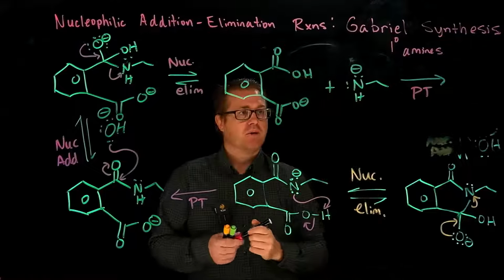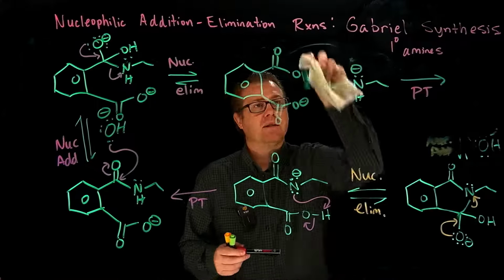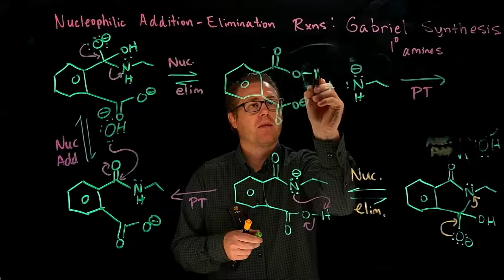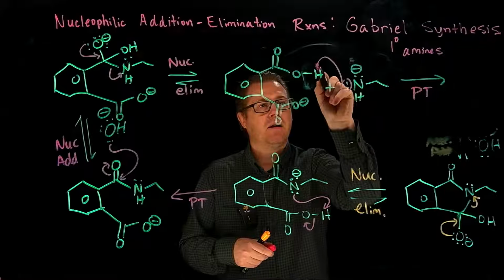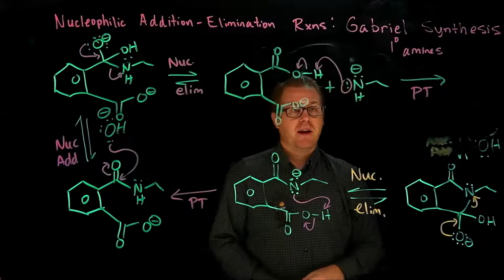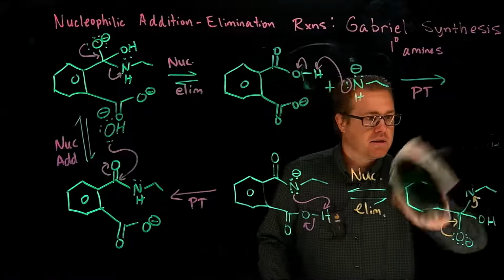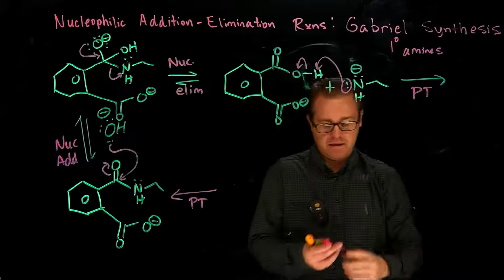We're going to do another proton transfer. So if we expand out that hydrogen there, like that, you can see that we can take a lone pair here, do our proton transfer to generate our product. And so I will draw the product down here so we can see it.